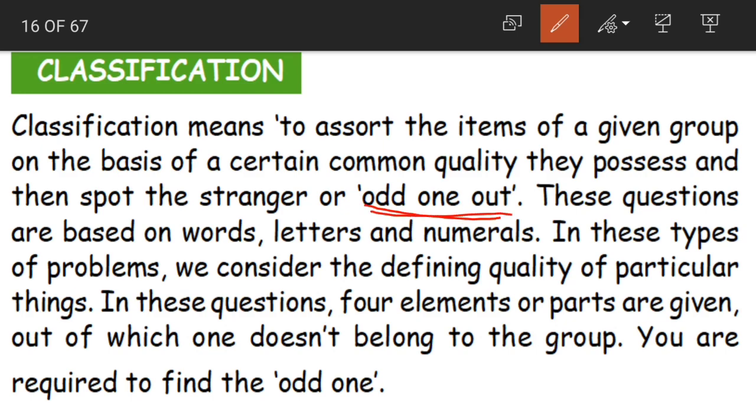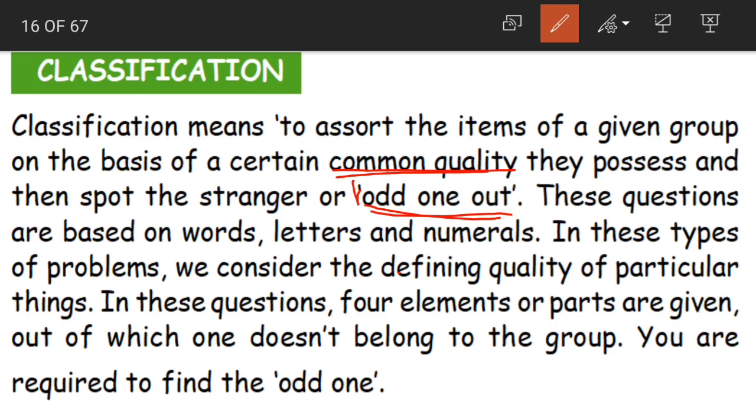You might be familiar with odd one out questions. Yes, children, we will be given a few words or letters. Understood? From all those, only one of such word or letter does not have the same common quality as the others. It is a little bit different from the others given.